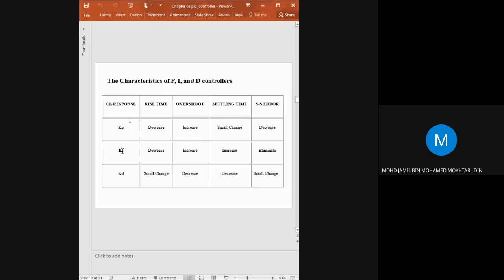For KI, you will get a decreased rise time, but increased overshoot and settling time, but it eliminates the steady state error. And lastly, the derivative controller KD will reduce the overshoot and also decrease the settling time, but has a small effect on steady state error and rise time.